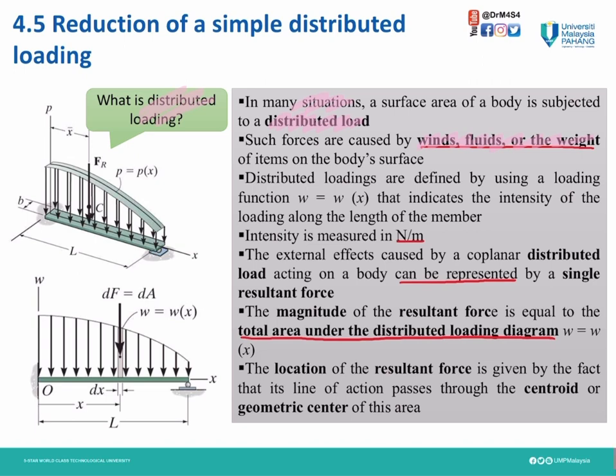The intensity is measured in Newton over meter, and the distributed loading can be represented by a single resultant force, and the magnitude is the total area under that distributed loading.